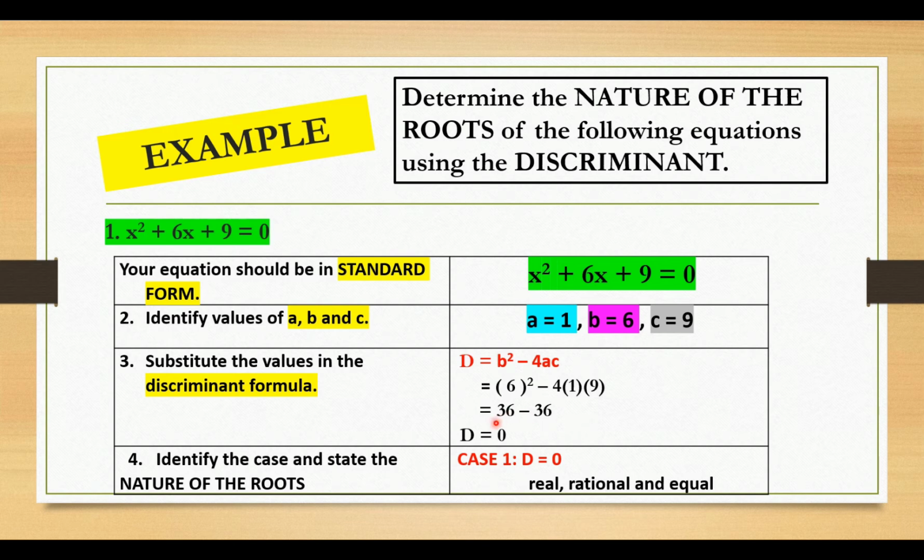Then simplify. 6 squared equals 36. 4 times 1 times 9 is also 36. So the value of D is equal to 0. This value falls on case 1, where D is equal to 0, meaning the roots that we will be getting if we solve this equation would be real, rational, and equal.